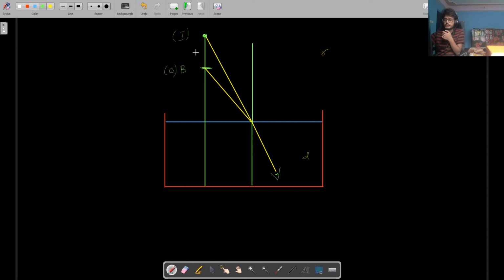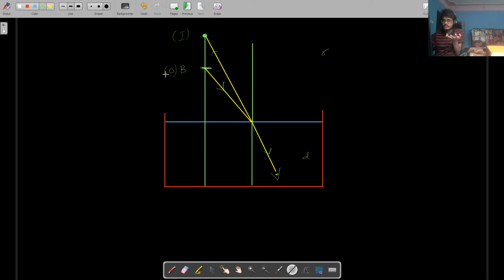This will be the object, that is the bird, and this is a fish that is looking from inside the tank. So what happens is the light ray from the bird comes in, goes to the fish's eye. When the fish looks through, the fish will not see the bend, it'll rather see the light ray going straight, and it'll find that the bird is at a height higher than it actually is.